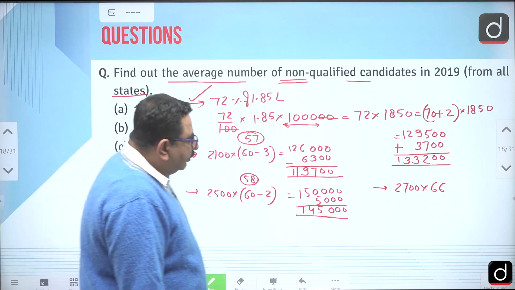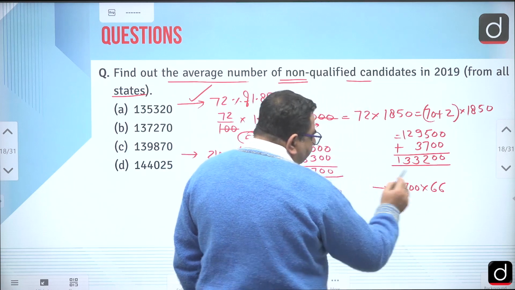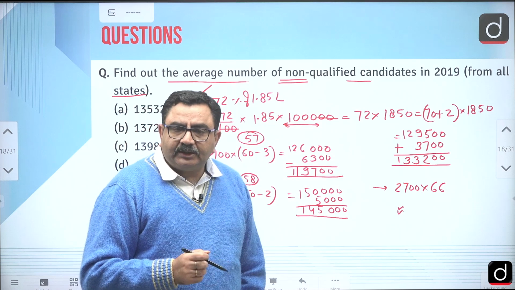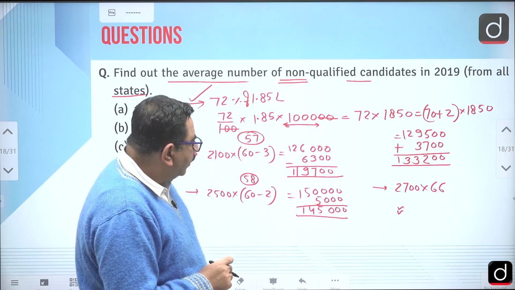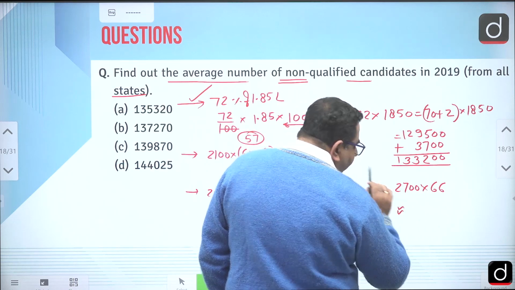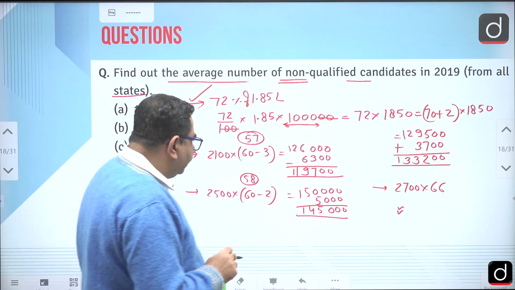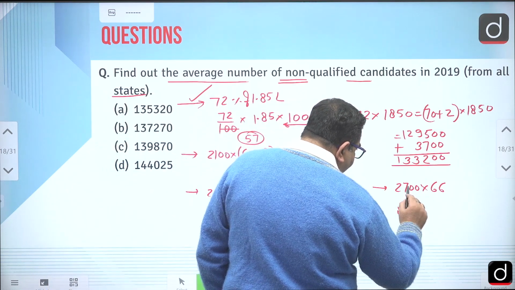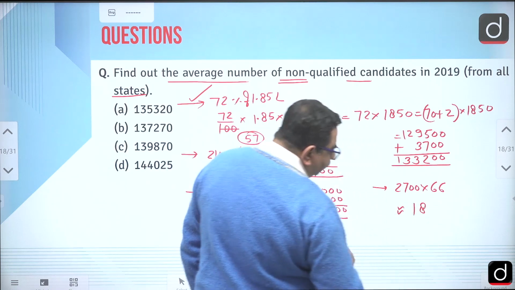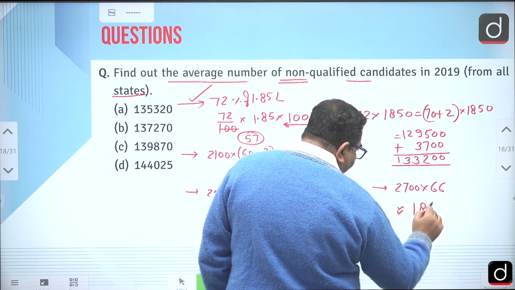Approximately, 66% is 2/3. So 2/3 of 2700 is 18, so near about I can write it as 18 and some zeros.